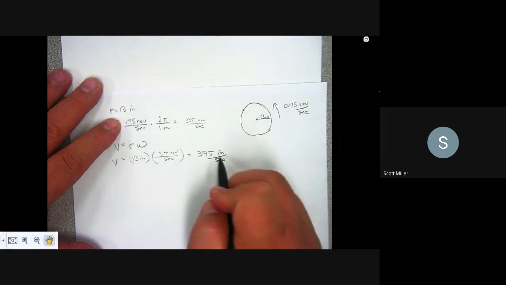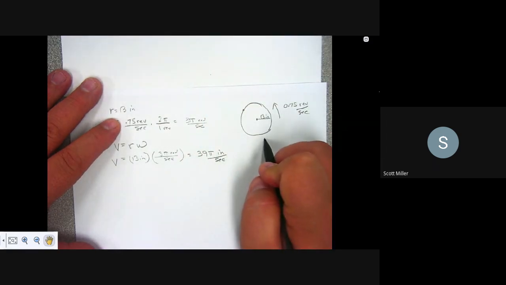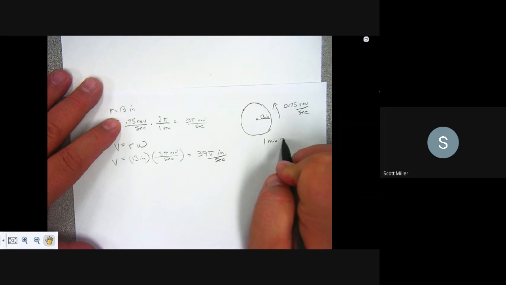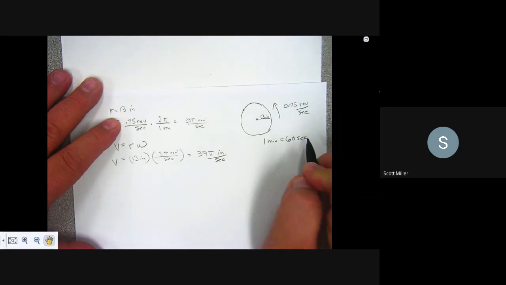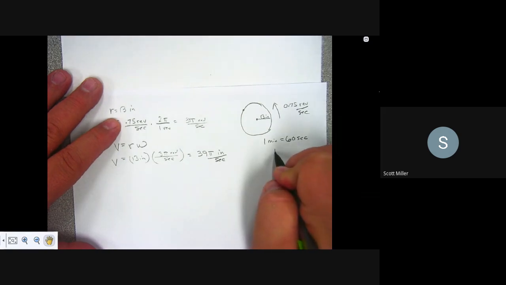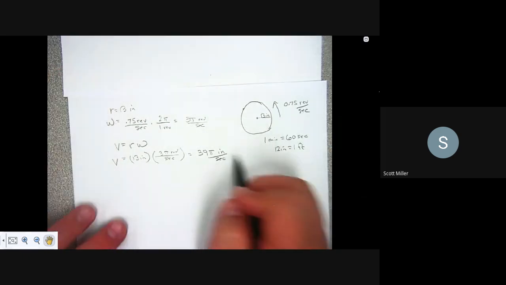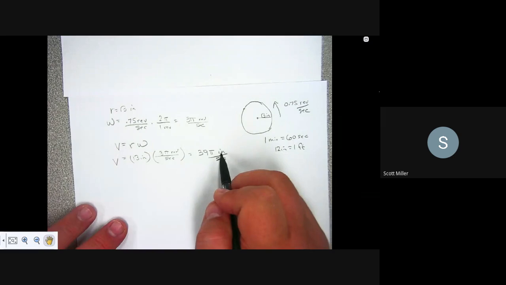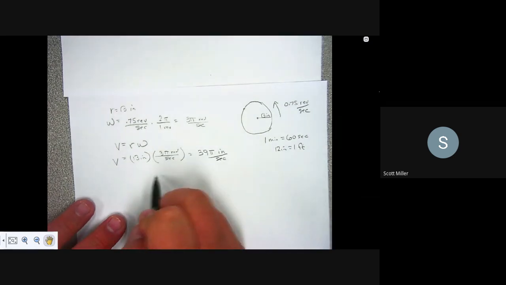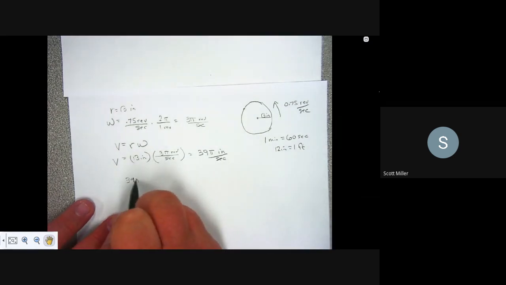So here we go. So 1 minute is 60 seconds. And we already know that 12 inches is 1 foot for our conversions. So let's change it over here. Let's get it into feet first. So 39 pi inches per second.